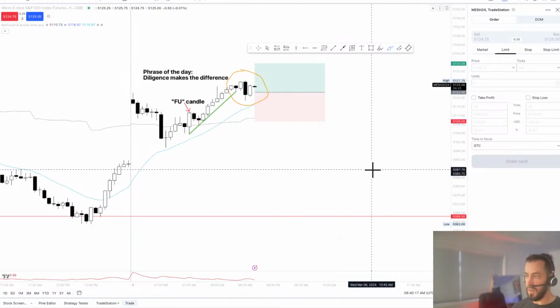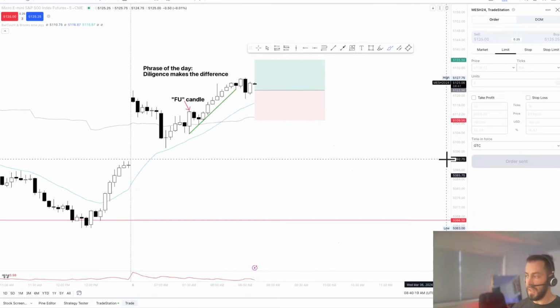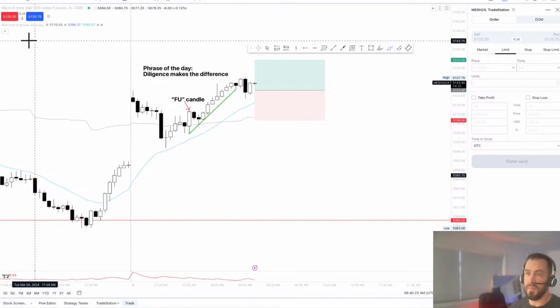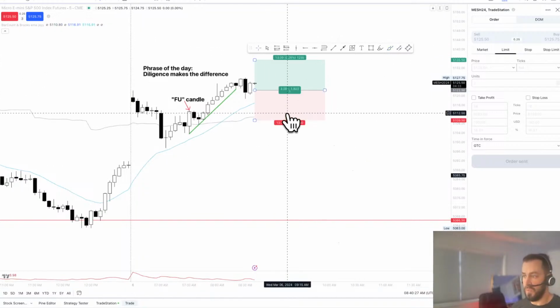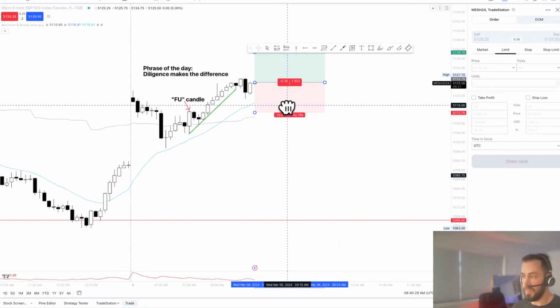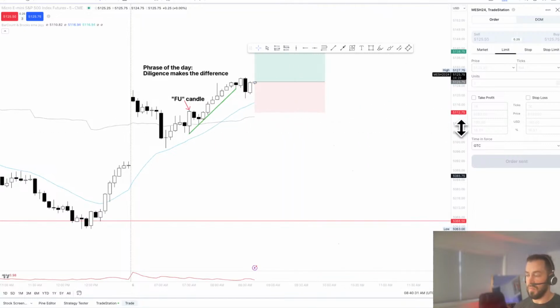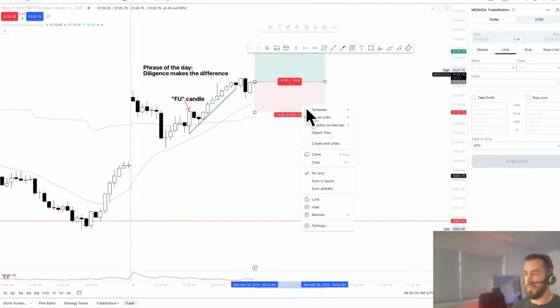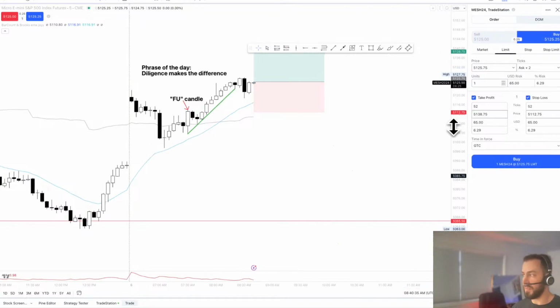Okay, so you just have to kind of see how both sides are interacting. Reasonable long entry here, but also possibly now the start of the trading range.